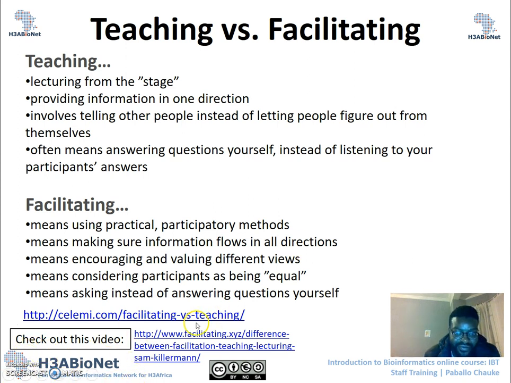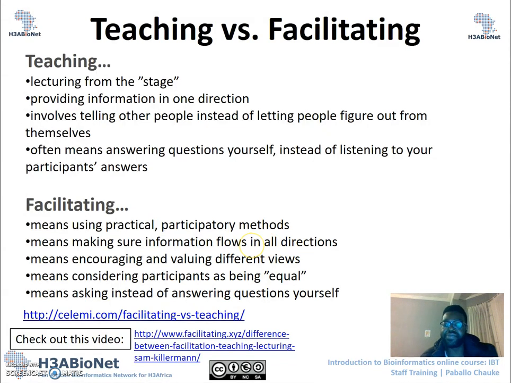I'm going to kindly ask you, when you have time, to go through "Facilitating: Difference Between Facilitation, Teaching and Lecturing" by Sam Killermann, and he nicely captures what I'm about to say now. And you can also read selemi.com, "Facilitating versus Teaching", because I think they're not diametrically opposed. There are a lot of similarities between them, but they're very different as well.